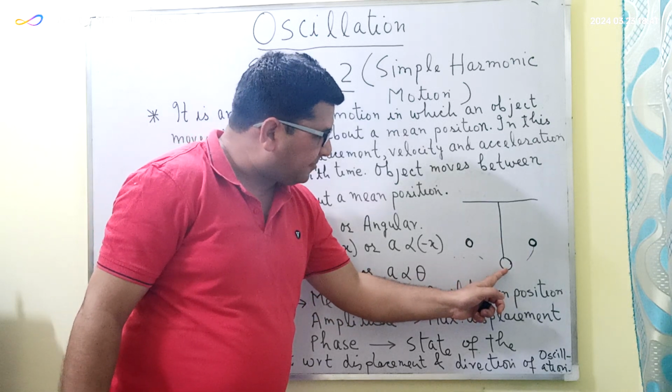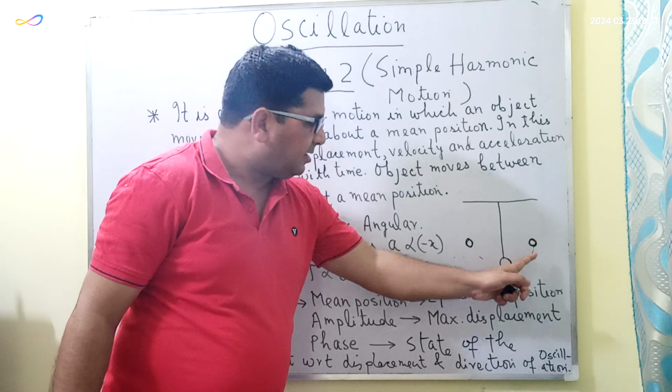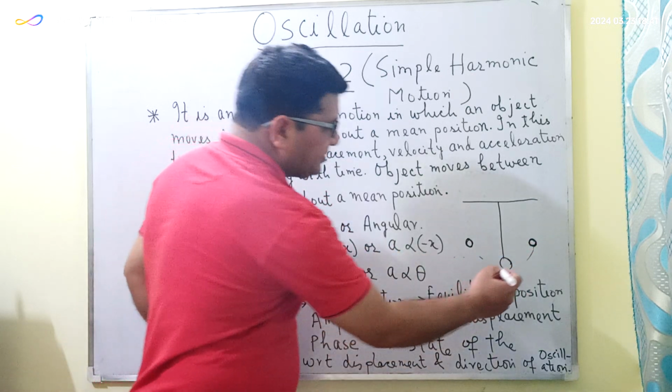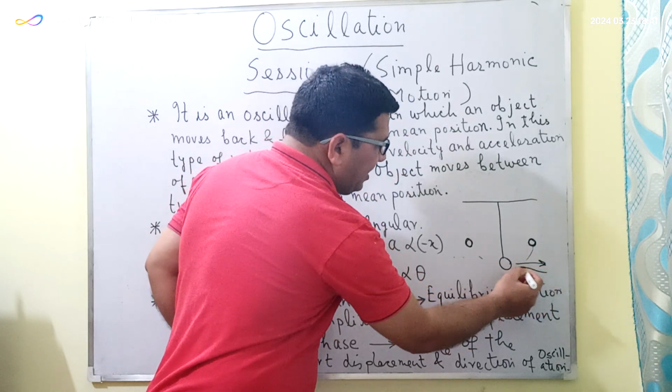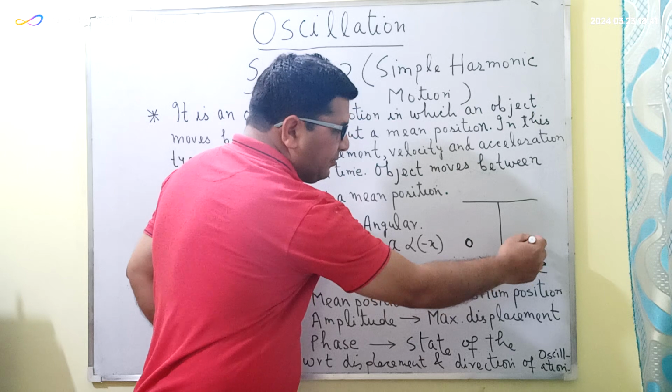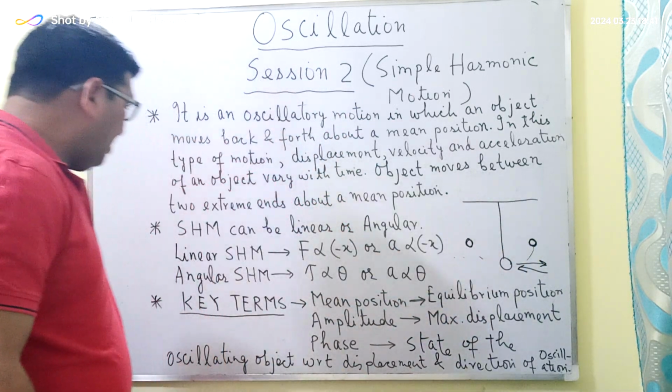Let us say this object is displaced from the mean position towards this extreme end, in this direction. However, the restoring force acts in this direction, and it tries to bring this object towards its mean position.